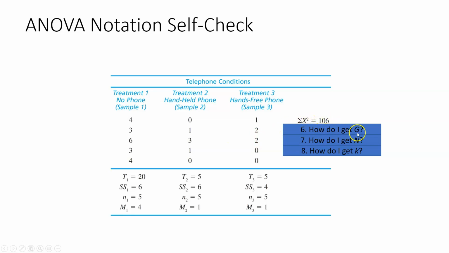How do I get G? Remember, G is the grand total of all the scores, so you just add up these, and these, and these, or you can add up the T's, because the sum of the T's is also equal to the G. How do I get capital N?